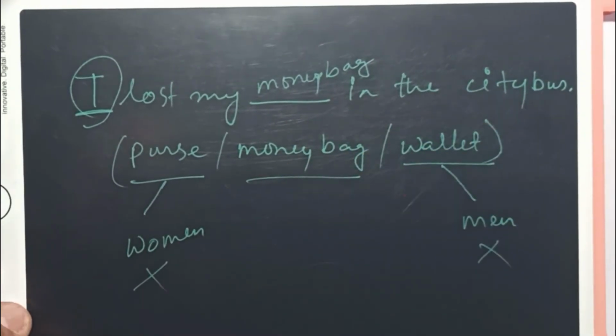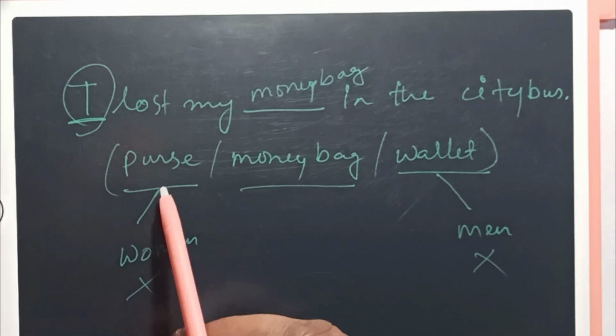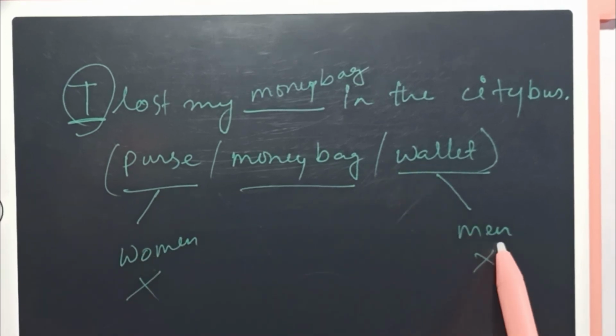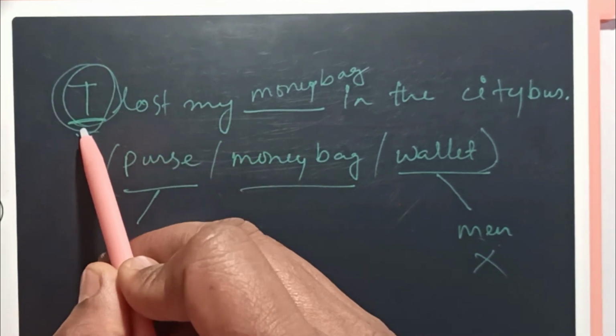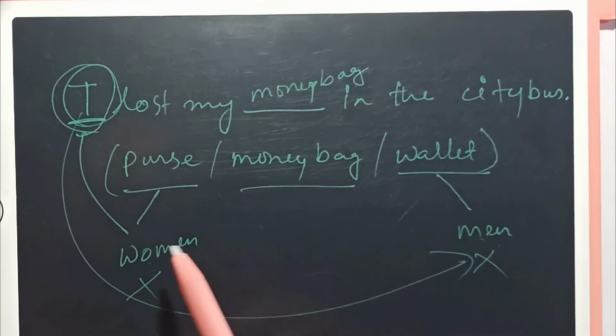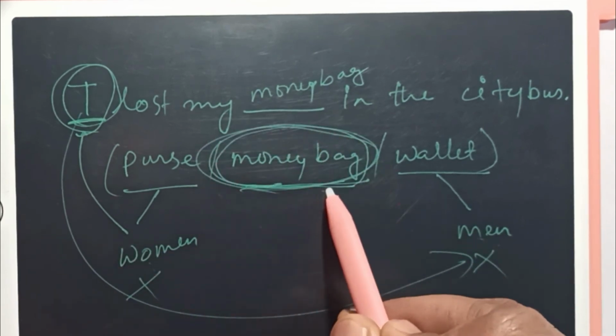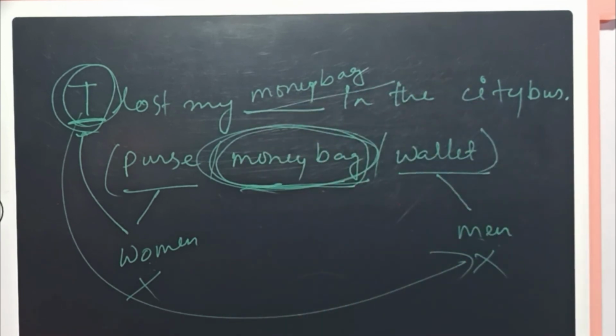So use your right judgment to tackle this kind of sentences. Purse for women, wallet for men, and both are not suiting because our subject is not specific to women or men, so it's taken as general, so we will simply opt for money bag. This is the right answer.